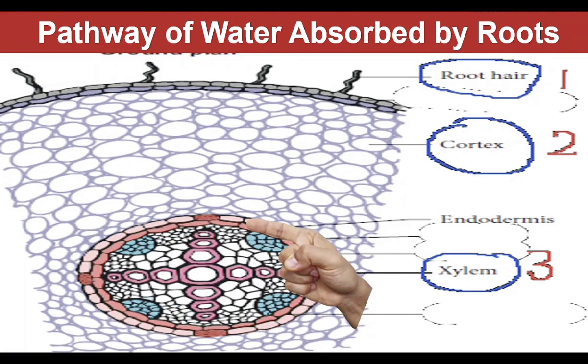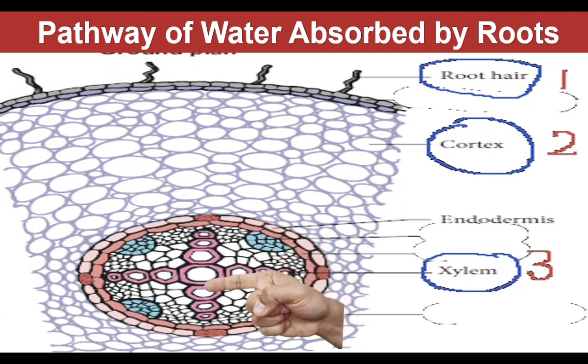The endodermis has passage cells. Through the passage cells, the water reaches the xylem. As water continuously reaches the xylem, a pressure is created. As a result, the water starts moving upwards, passing through the stem and reaching the leaves.